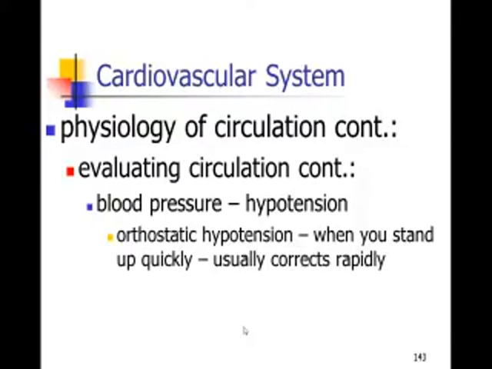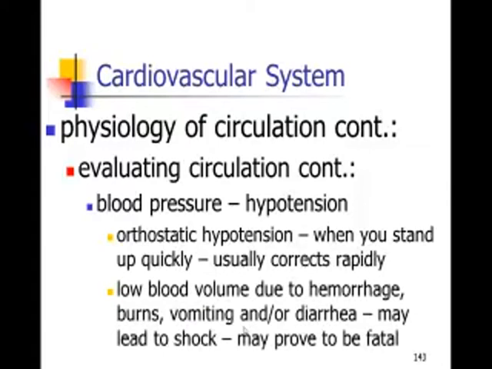This usually is corrected very rapidly with a reflexive change in the heart rate and contraction strength, so that it is almost imperceptible that any change occurs. And that's a good thing, because if there were a drop in blood pressure in the brain, you would pass out.